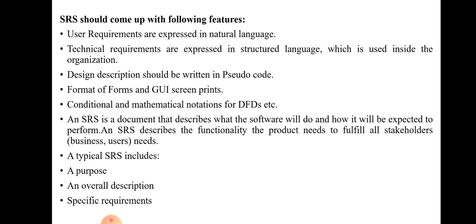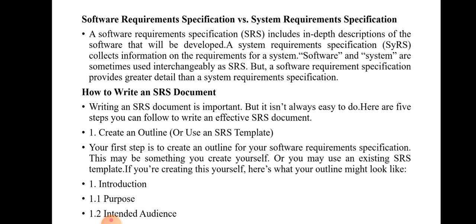It also includes the format of forms and GUI screen prints, and conditional and mathematical notations for DFD, the data flow diagram. The SRS includes the purpose of the system and an overall description of the product or system, and has to specify the requirements: what are the user requirements, and what are the functional and non-functional requirements.